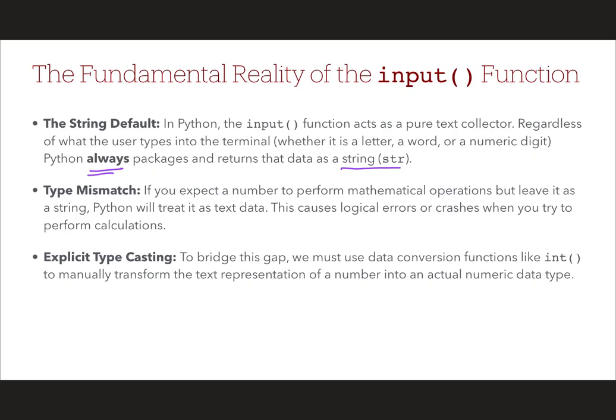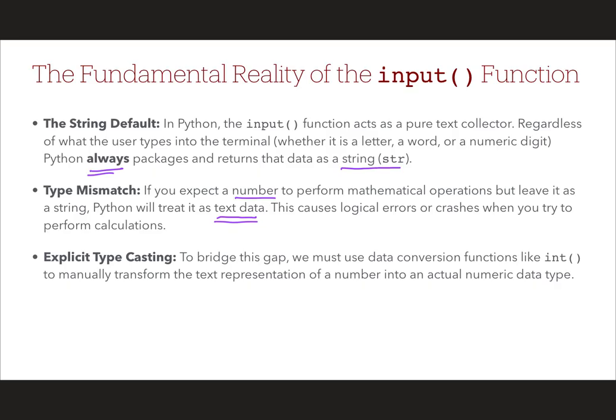So in some situation, as shown in our assignment, if you expect certain number, some integer valued or float valued, to perform some mathematical operations, but Python leaves it as a character string. Okay, it always treats it as text data. So that might cause some logical error, unless you are careful to slightly modify that input function.